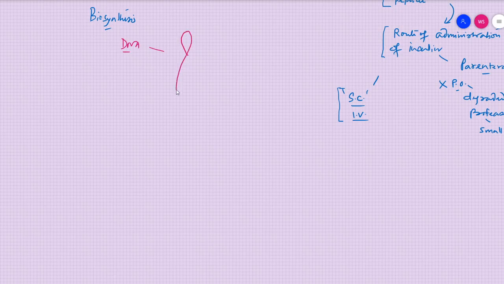Let me draw my depiction of a chromosome. This is chromosome 11, and we know the chromosome has two arms: the short arm, which we call the P arm, and the Q arm.